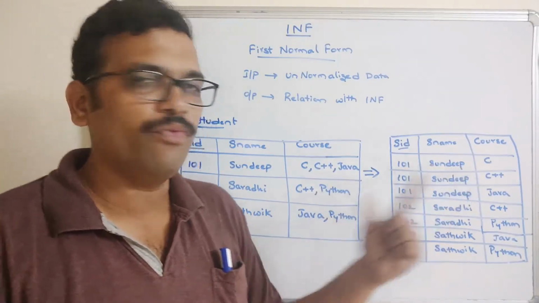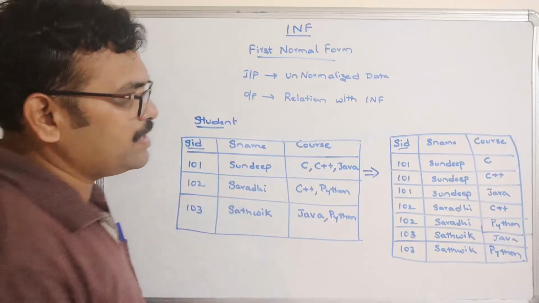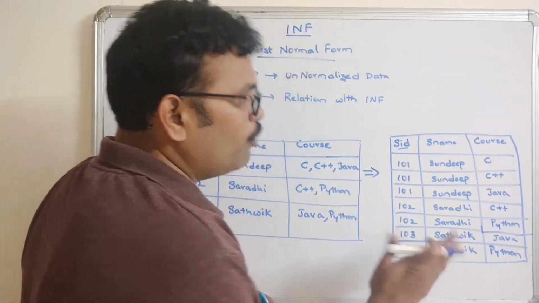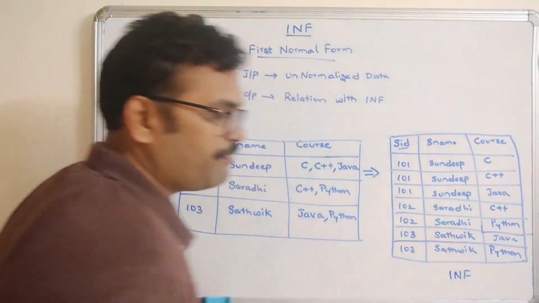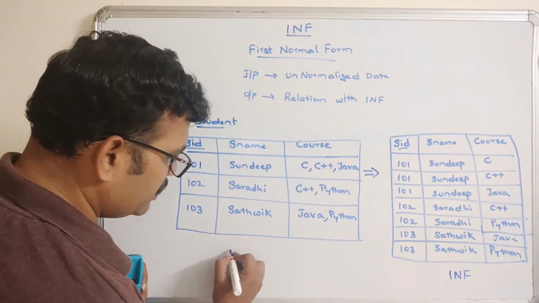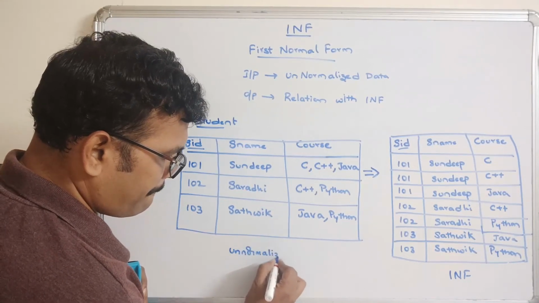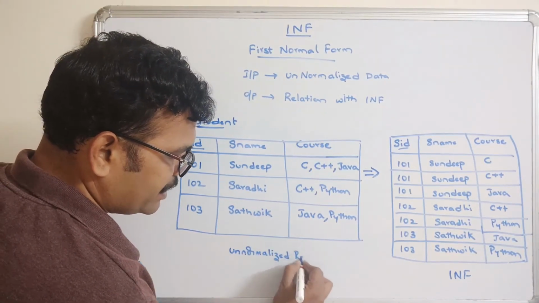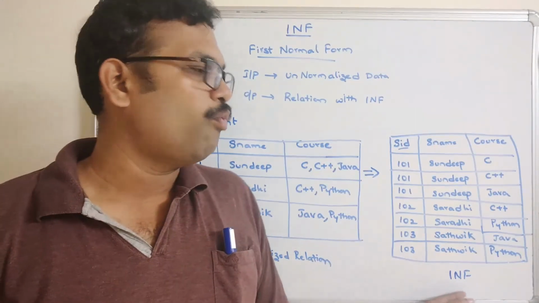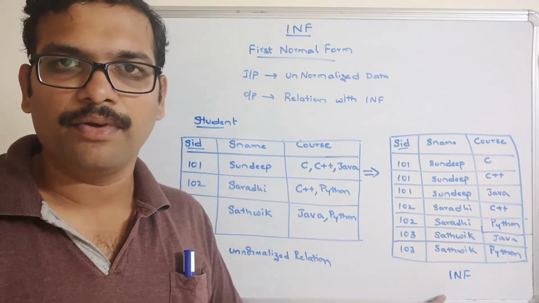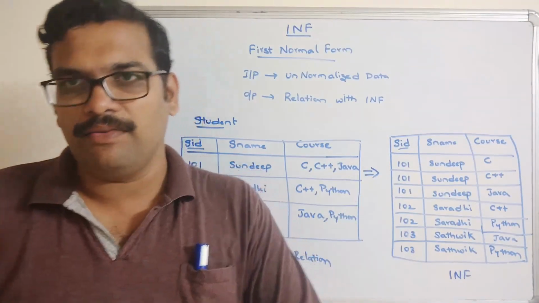If the relation is in this form, we can say it is in 1NF, that is the first normal form. This is the unnormalized relation, and this is the relation in 1NF. From here we need to go to the next levels.